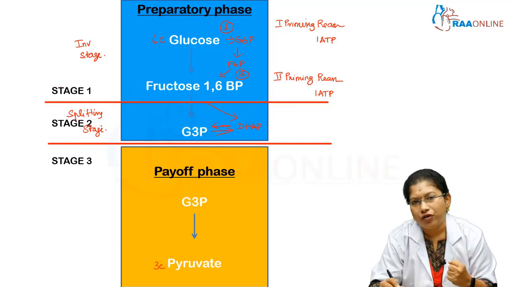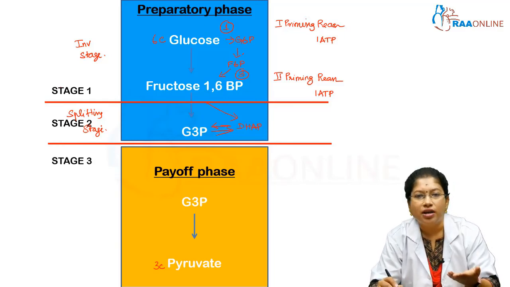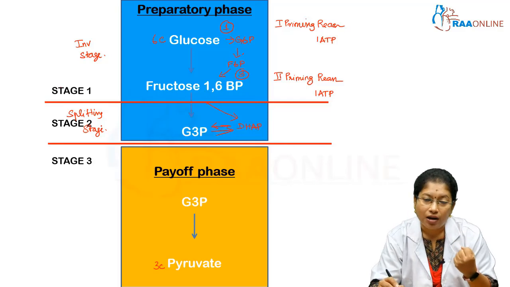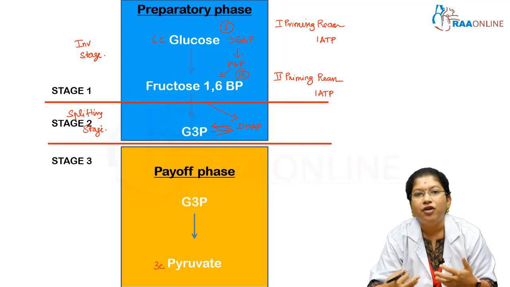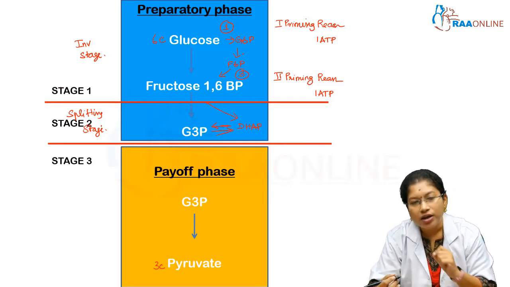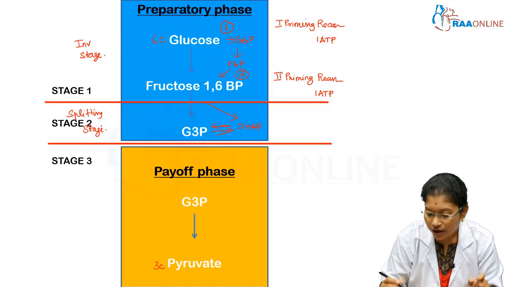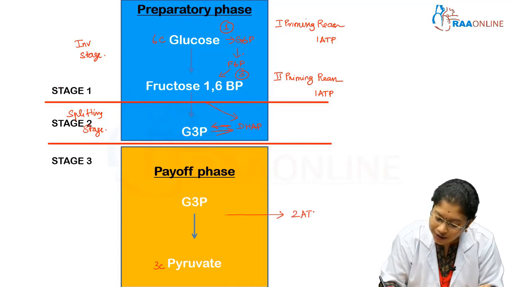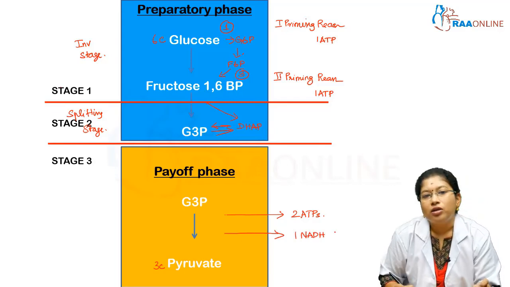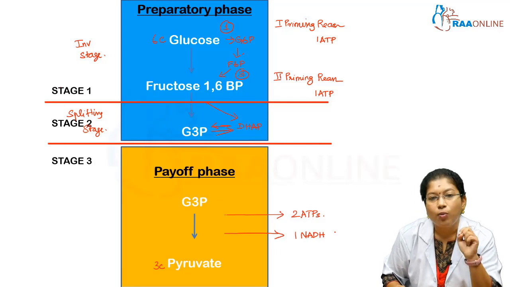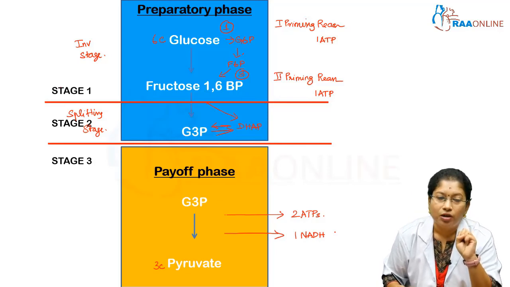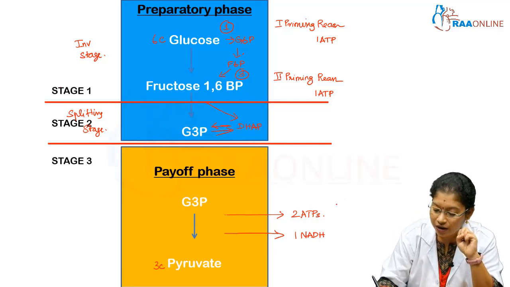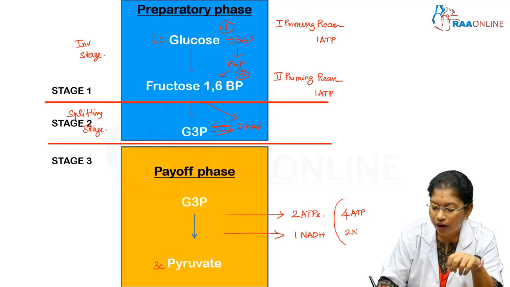So what is the payoff phase? Whatever we invested, we have to gain it back. We have to take it back from the payoff phase. One glyceraldehyde 3-phosphate gives 2 ATPs and 1 NADH. Whereas the glucose gives 2 pyruvate, so we'll get 4 ATPs and 2 NADH.